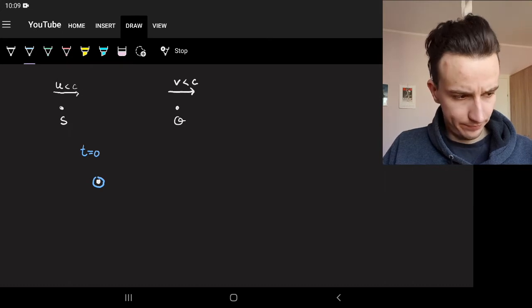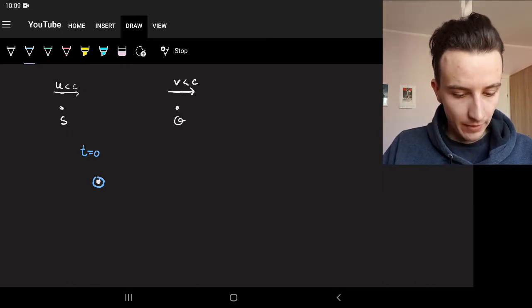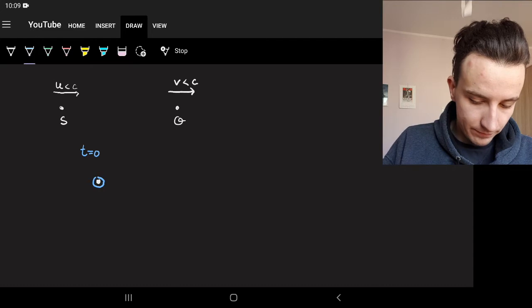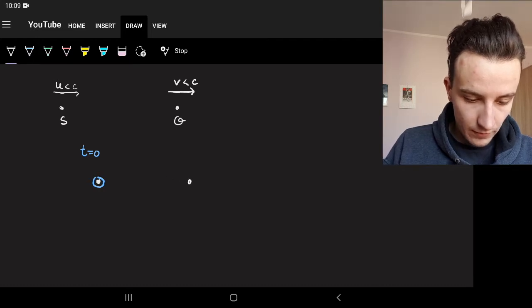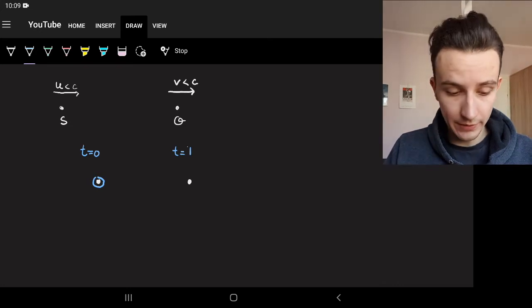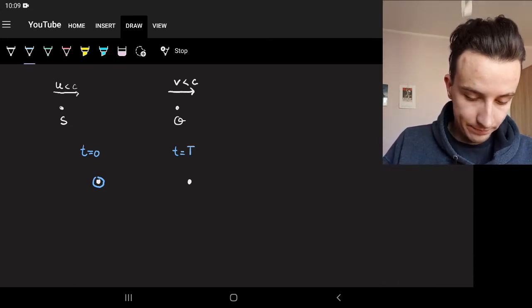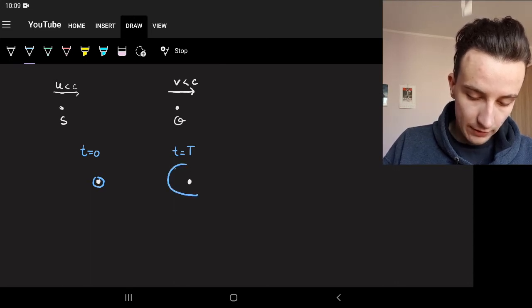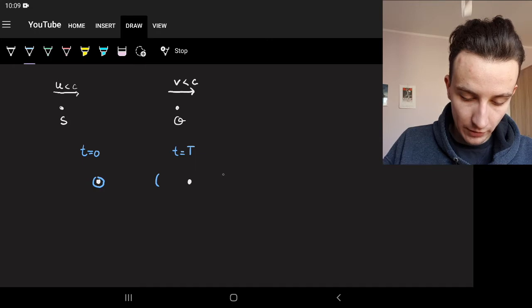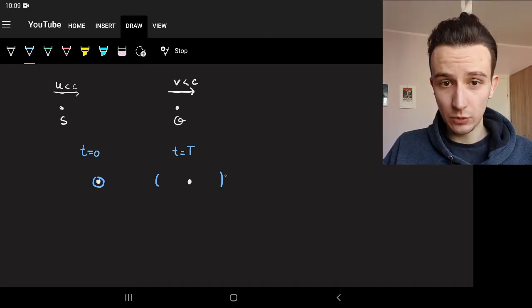And then at, say, time equals T, which is the period of the wave, right? At time equals T, we have the wave, well, let's just draw it like this since it's one-dimensional. So these are the wavefronts.